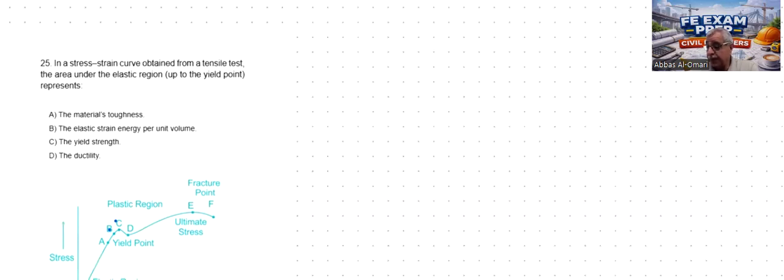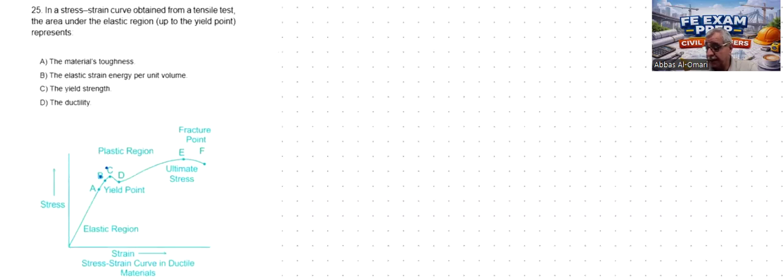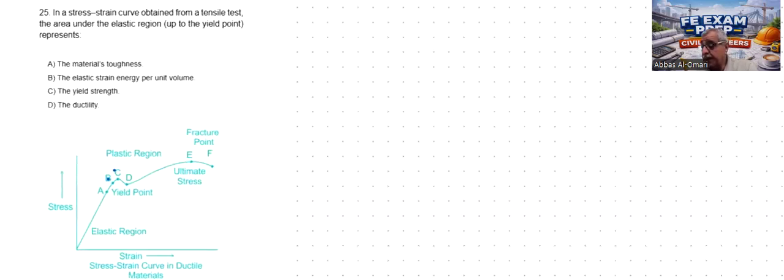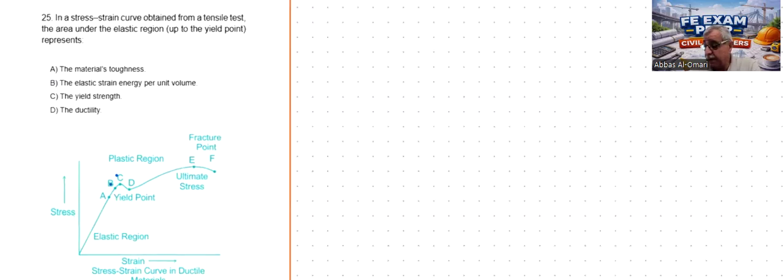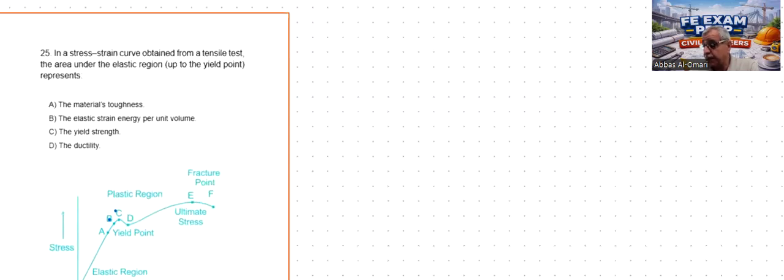Now, the material toughness is the area under the entire curve until failure. The area under the elastic region, up to point A or B, is known as the elastic strain energy per unit volume. Elastic strain energy per unit volume.